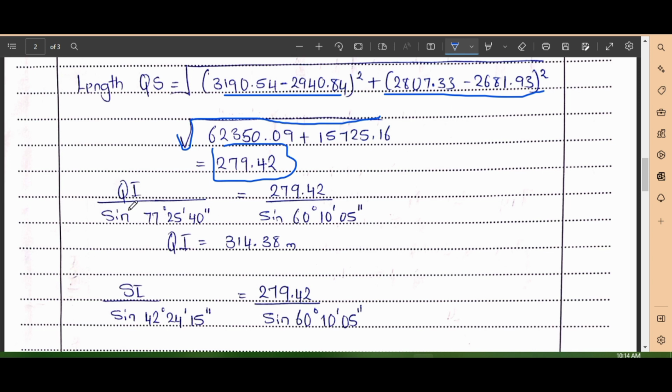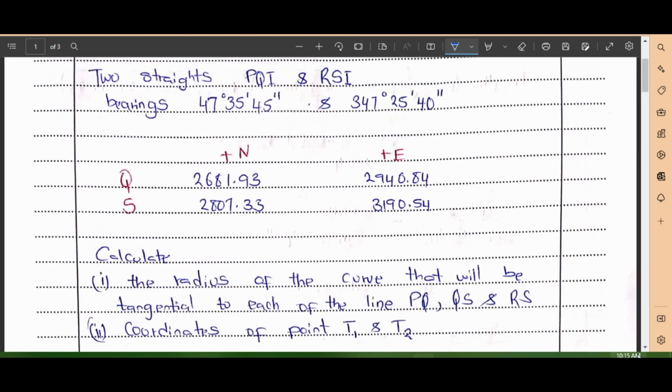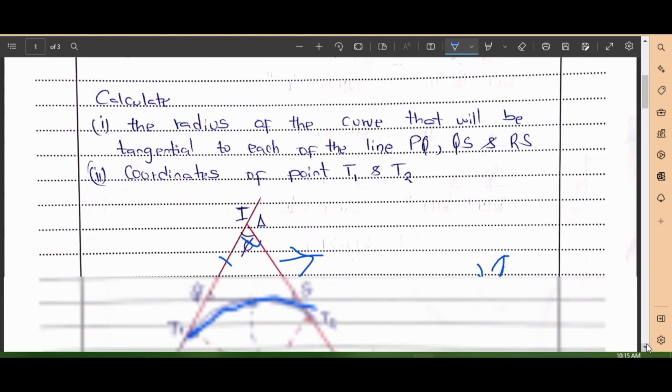So QI over sine 77 degrees 25 minutes 40 seconds is equal to the length that we have gotten over the sine of the angle that we had there. So my QI becomes 314.38 meters. Then I go ahead and calculate for SI, so that is the distance from intersection to point S.